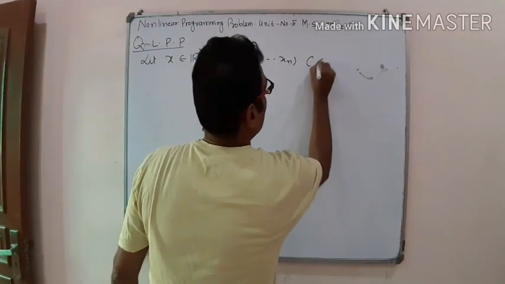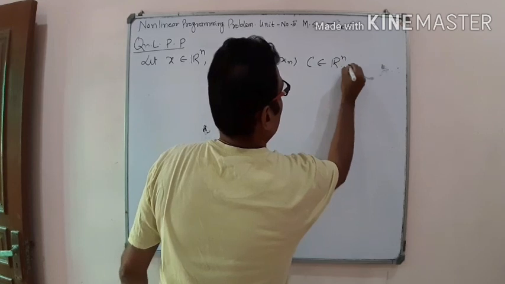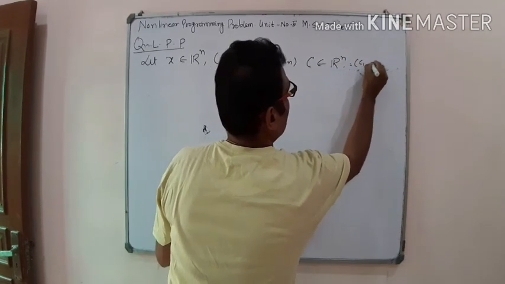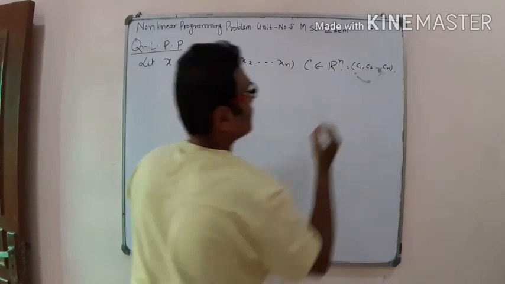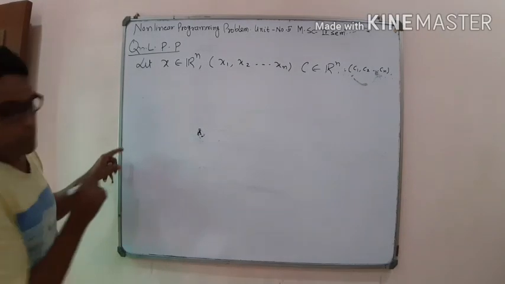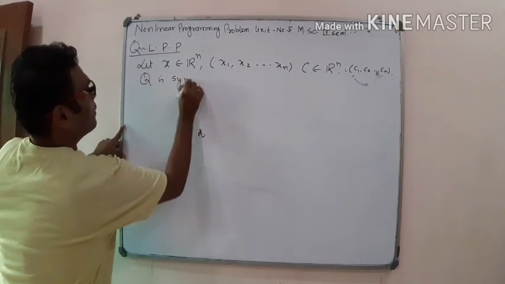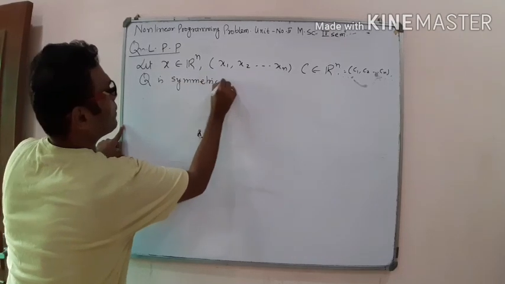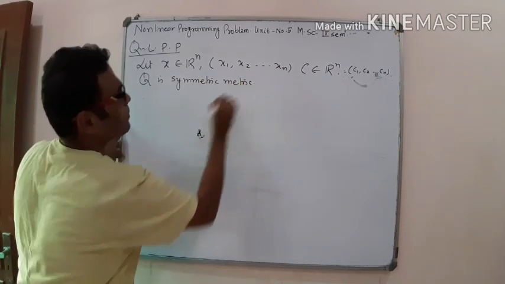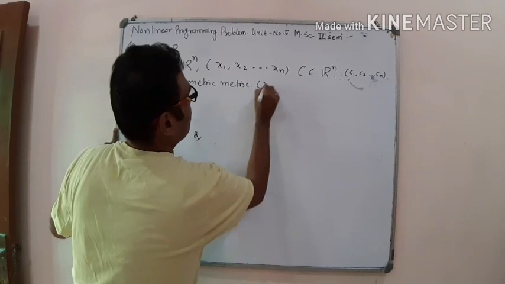C belongs to R to the power n, that is c1, c2, up to cn, and Q is a symmetric matrix of n cross n.